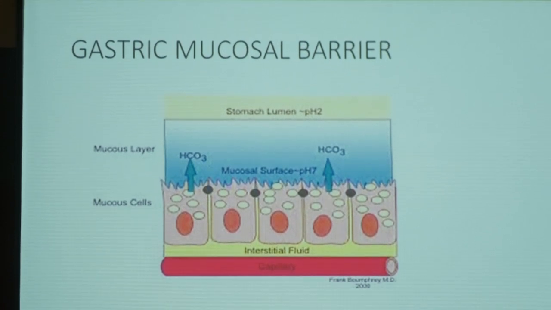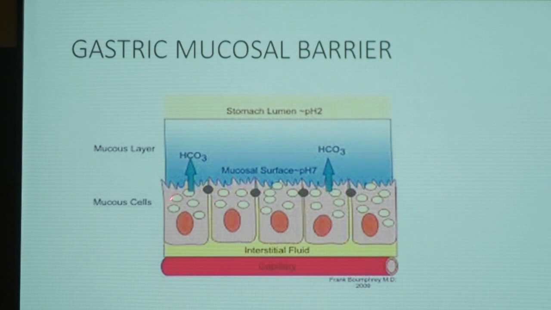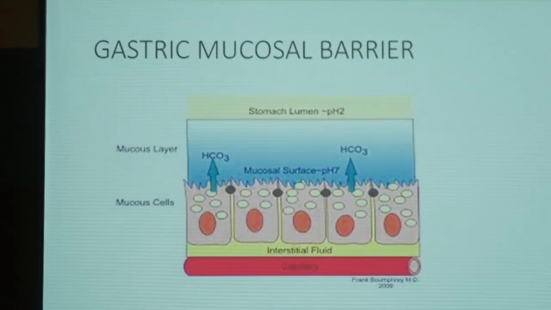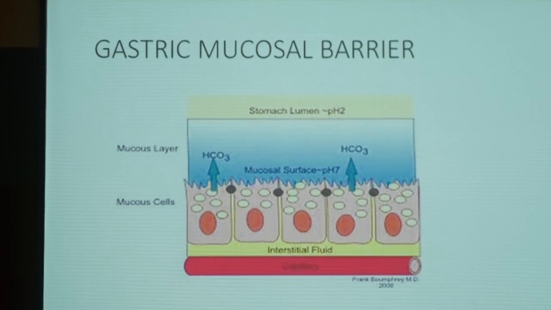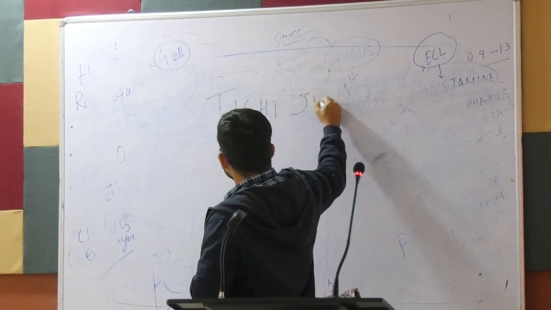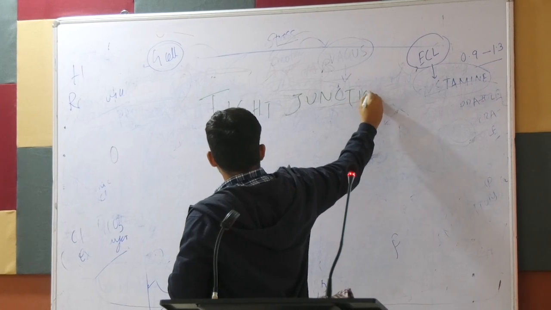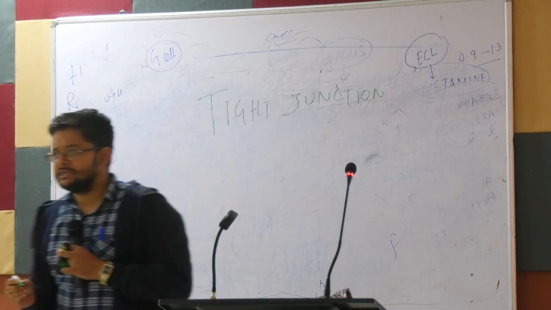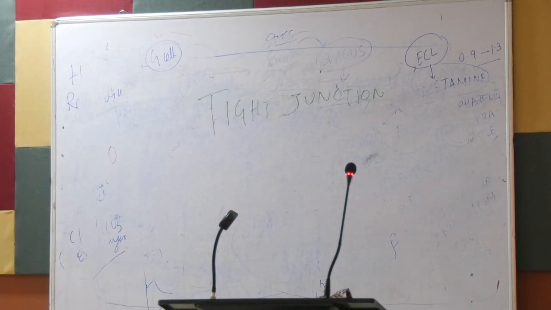Try to understand. These are the cells, epithelial cells. Here is what we call tight junction. The first point you need to mention is presence of tight junction between gastric epithelial cells. What is tight junction? Have you done general physiology? Yes, then tell me, what is tight junction?